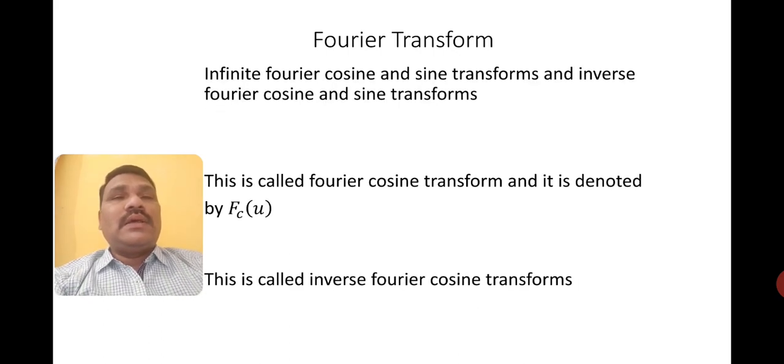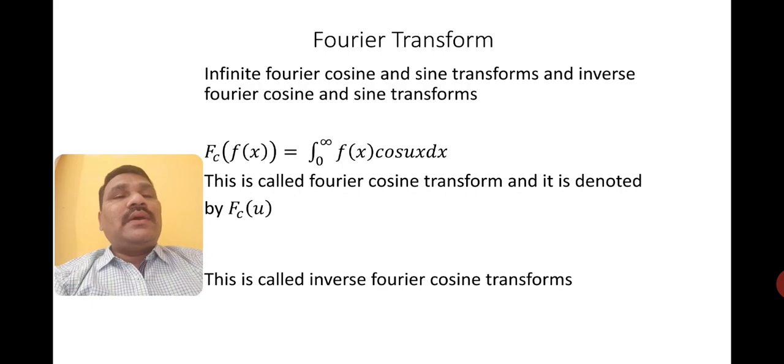Now the infinite Fourier cosine and sine transforms and inverse Fourier cosine and sine transforms. Another two definitions I'm going to introduce: Fourier cosine transform and Fourier sine transform, and their inverses. Here FC denotes the Fourier cosine transform.